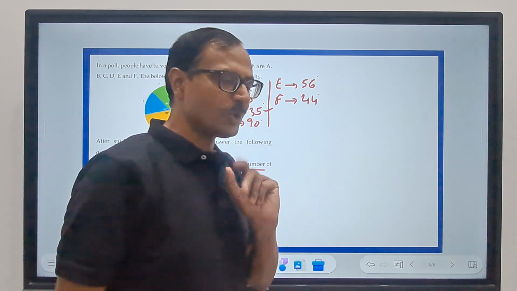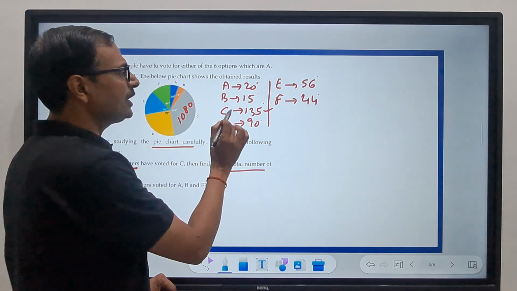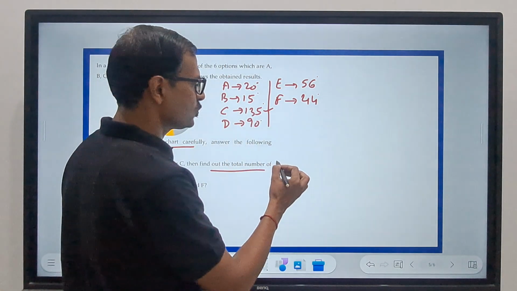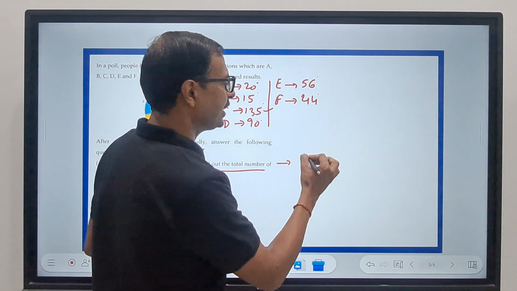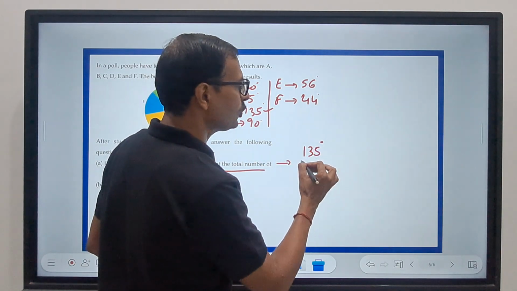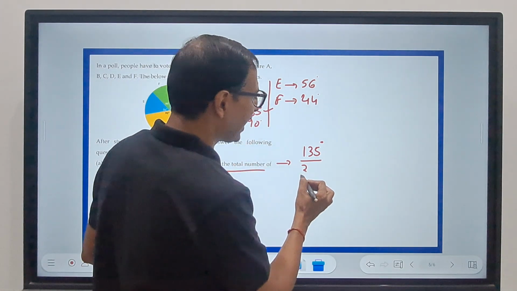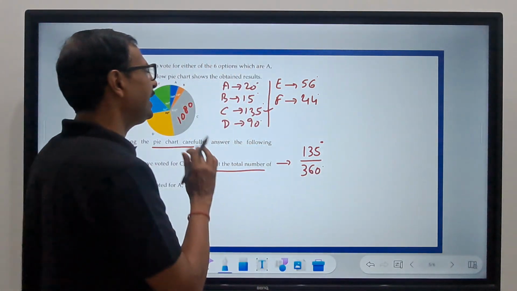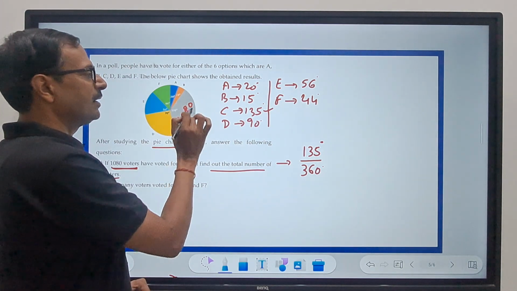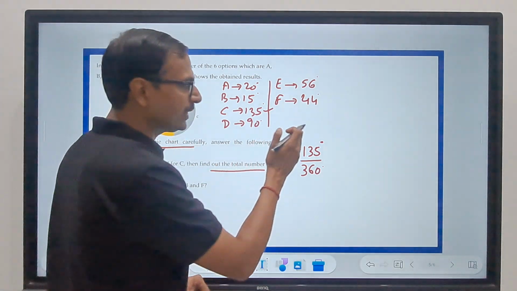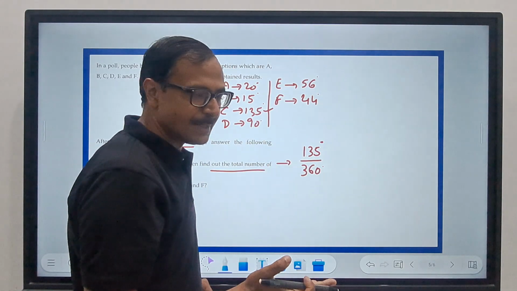Now watch. Corresponding to C, we have 135 degrees. 135 degrees is out of how much? A total of 360 degrees. So the fraction of area covered by this sector is 135 upon 360.